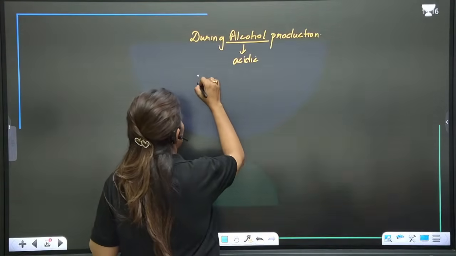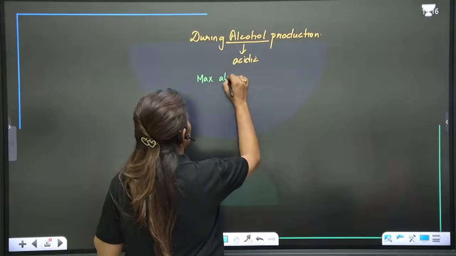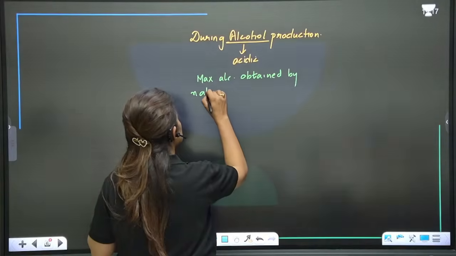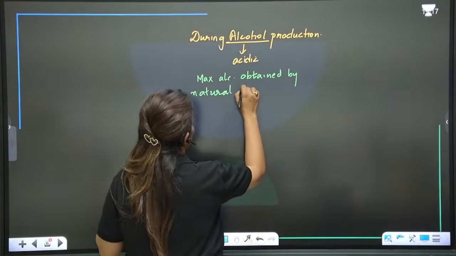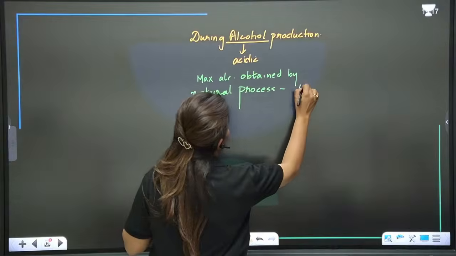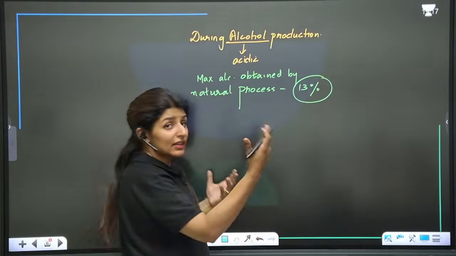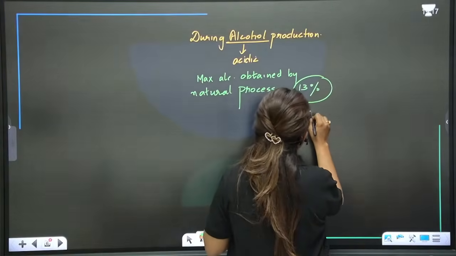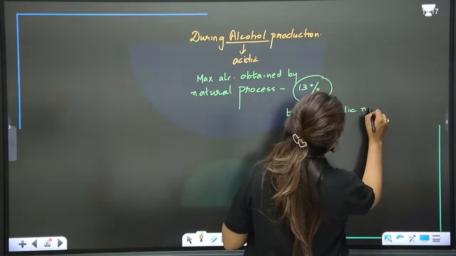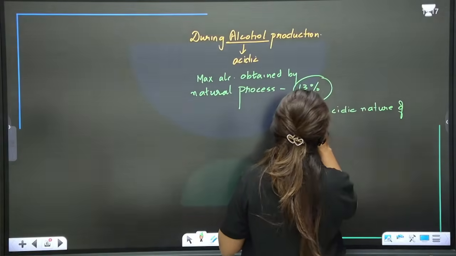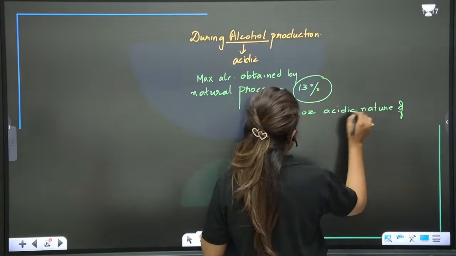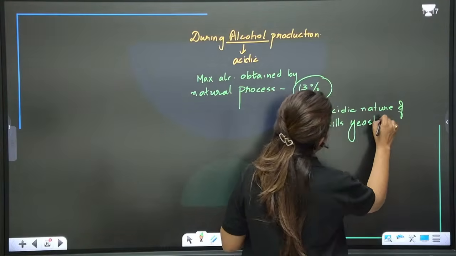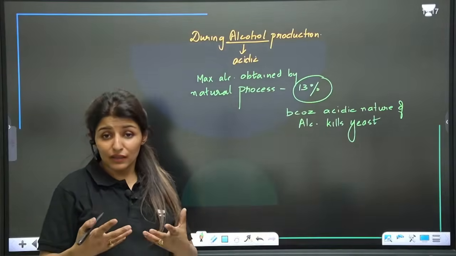So the maximum alcohol that you obtain by the natural process or by natural fermentation is just 13%. Why? Because beyond this, the acidic nature of alcohol will kill the yeast, right?